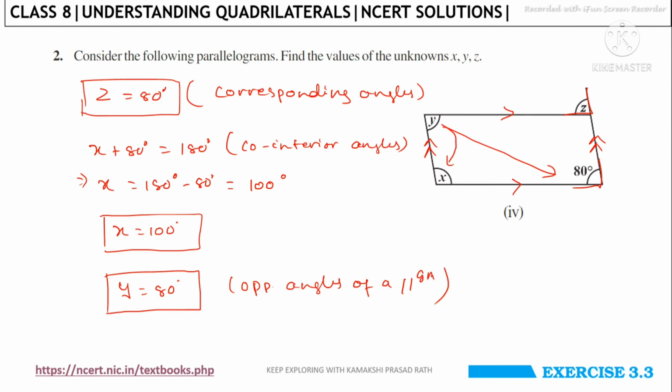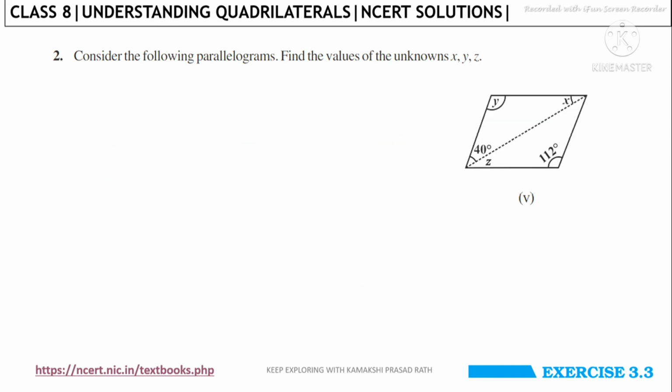Hence in this way we can find the solutions of this question. Here we have to find the values of X, Y, Z in this figure. Let's consider this. Y we can find directly because Y is opposite to 112.